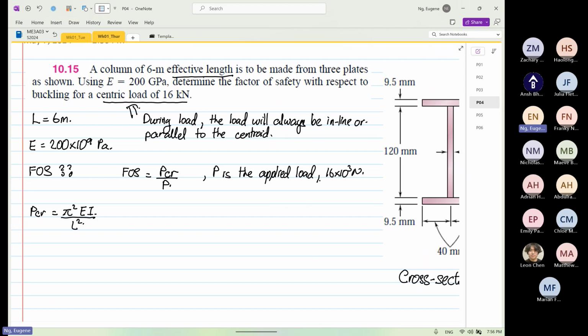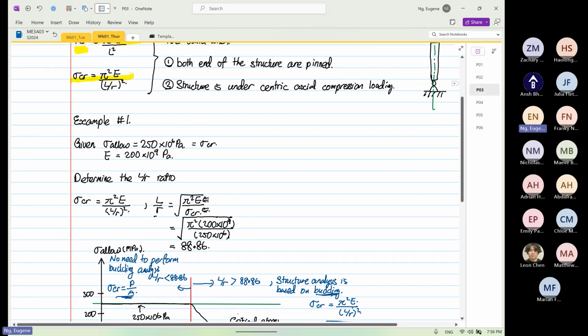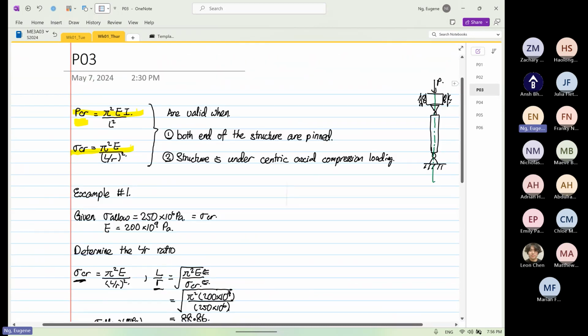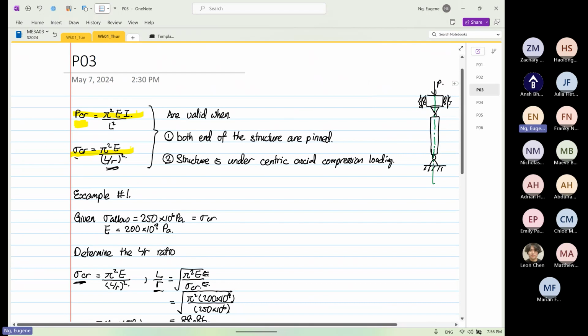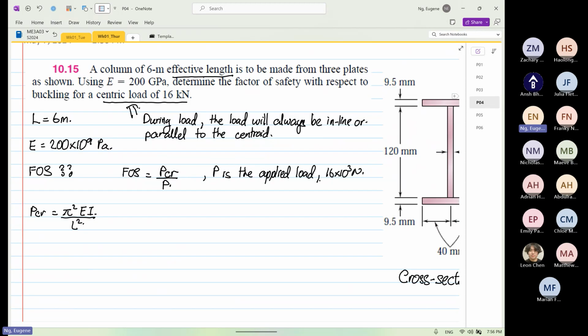In order to use L over R, it has to be a stress, because we have to divide by area. For P critical, you have to use pi squared EI over L squared. I hope this is clear for all of you.